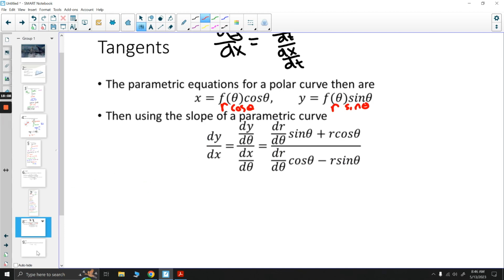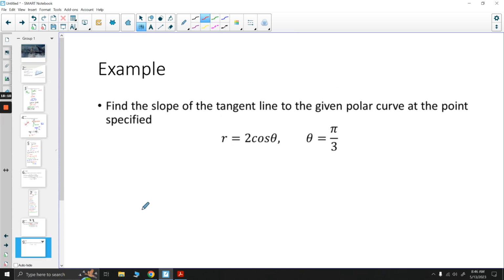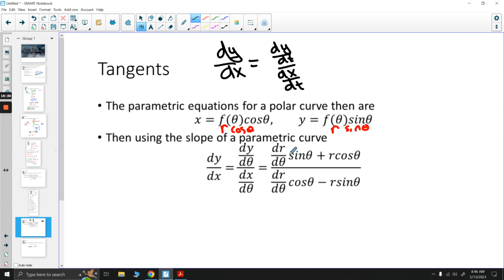All right, so let's take a look at an example. Find the slope of the tangent line to the given polar curve at the point specified, when theta is pi thirds. So we have r equals 2 cosine theta, and our theta is pi thirds. This is the point that we care about. And again, as a reminder, this is what we're using here.